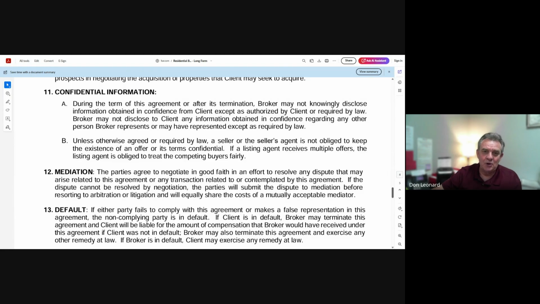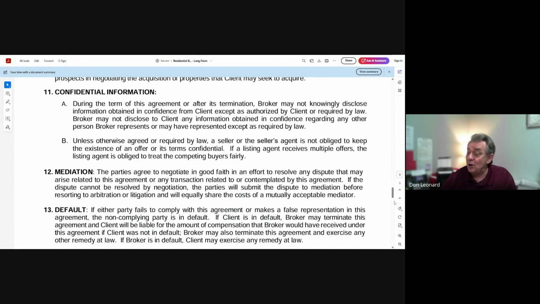Here, of course, it's broker and buyer. In the listing agreement, broker and seller. Mediation, and of course, when it comes to mediation is non-binding. The mediator will suggest a solution, and if the parties agree, then it becomes binding. Otherwise, it's not.